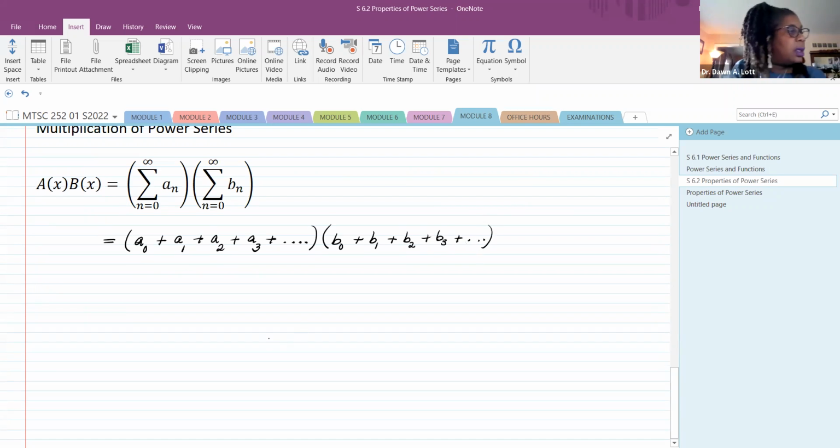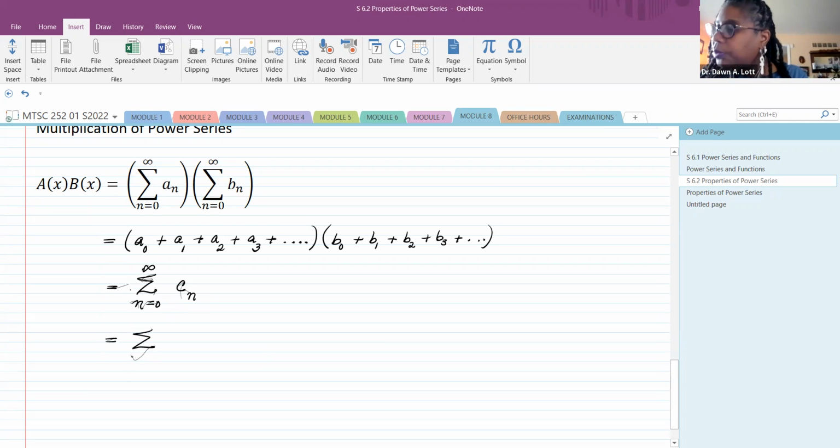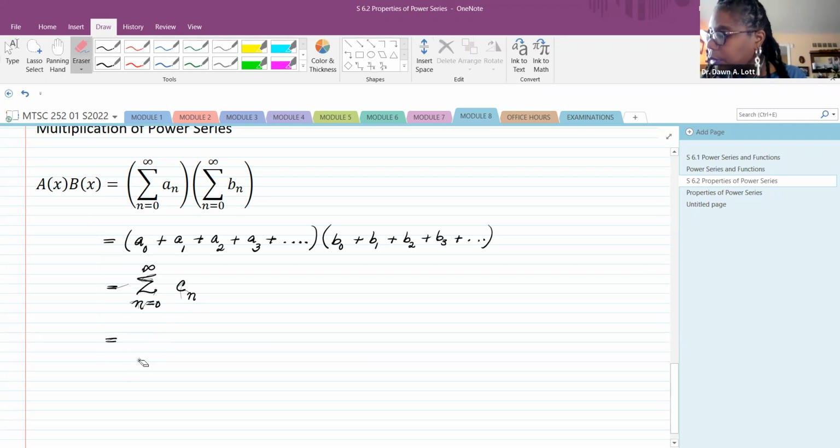Okay, so that is going to give me a power series that's going to have the sum n equals 0 to infinity of some Cn. All right, so what does the Cn look like? Well, that is the sum. So the first term, I can do A naught times B naught.